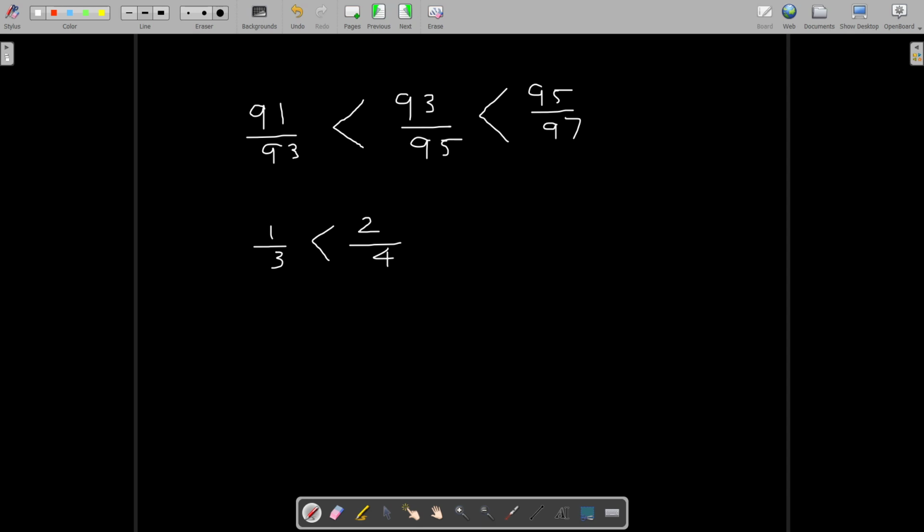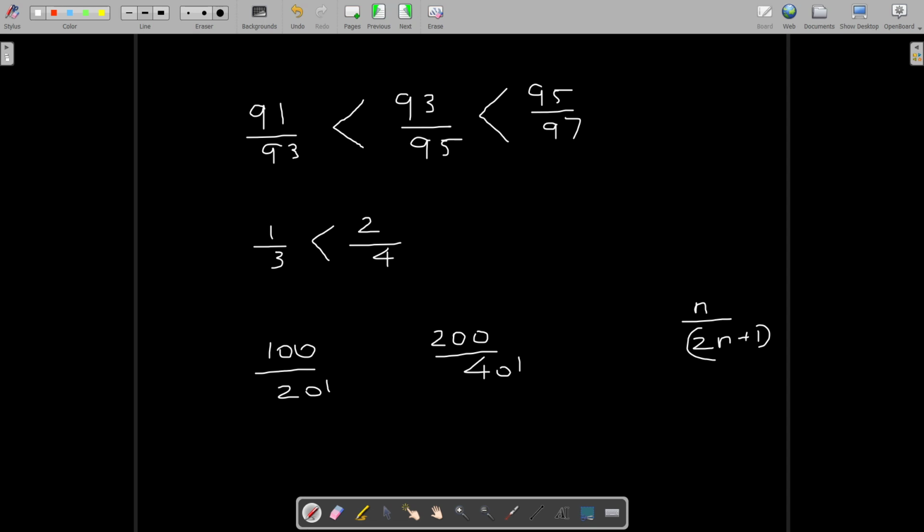Let me take another example. We have 100 by 201 and 200 by 401. Which is greater? Try to find it. So the pattern here is n by 2n plus 1.